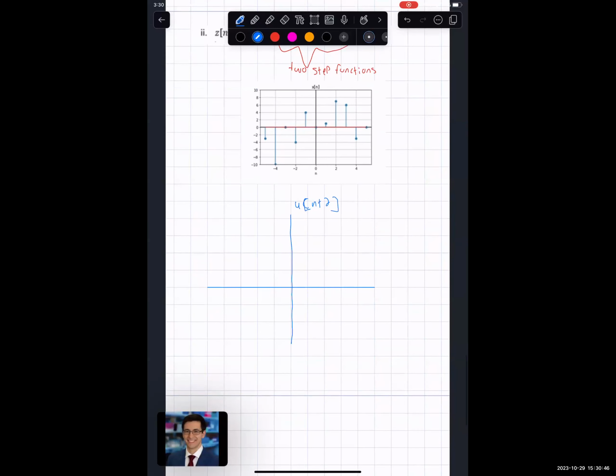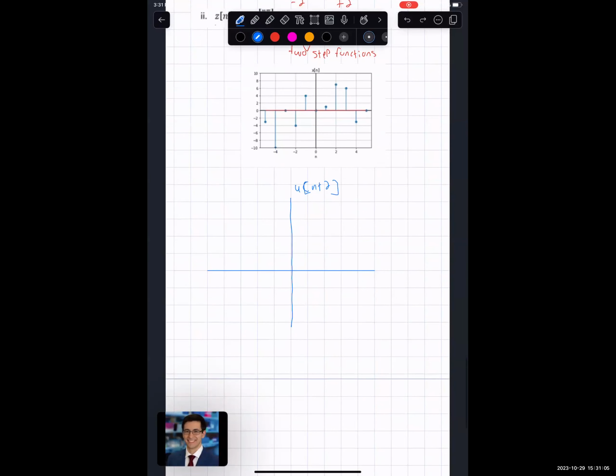So if we were to just graph u of n, it would just be a step function. So you'd see something like this, where everything after 0 is 1 and everything before is 0. Since we're going to do +2, we're going to shift it to the left by 2. Because this is +2, we're shifting it to the left.